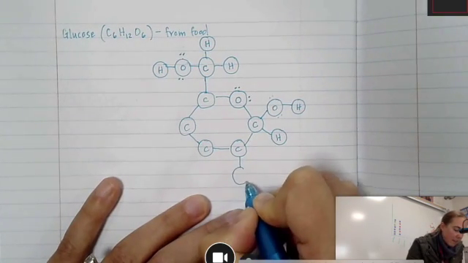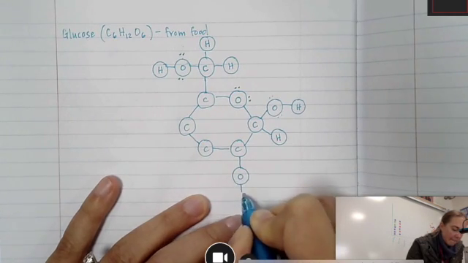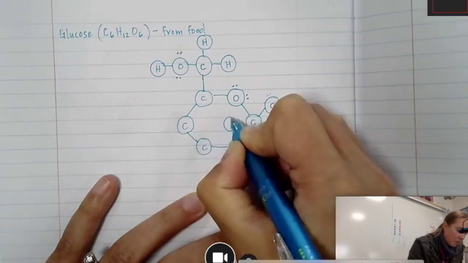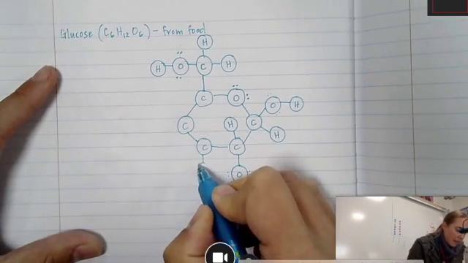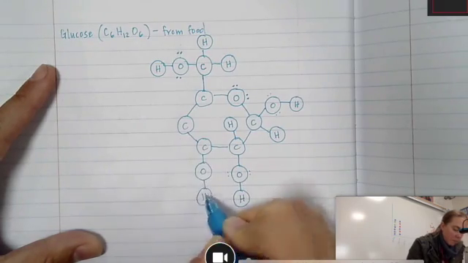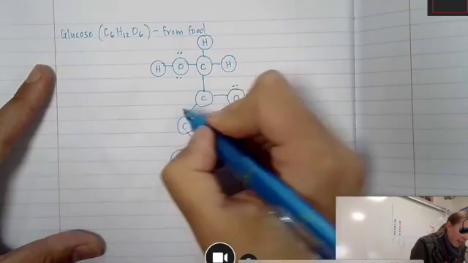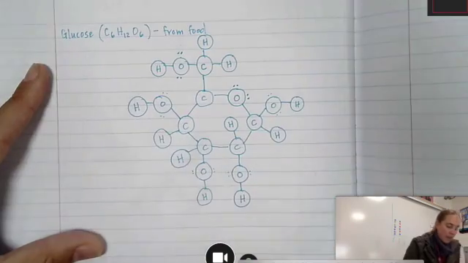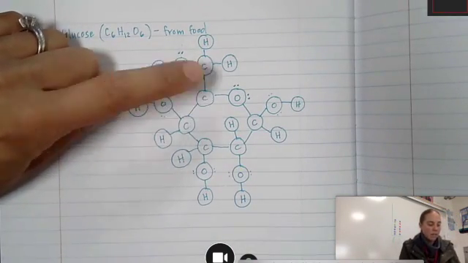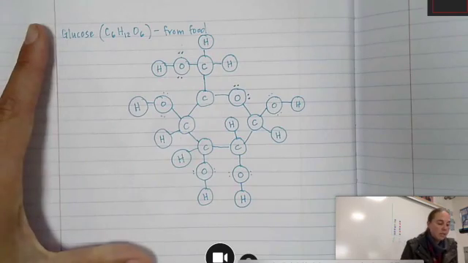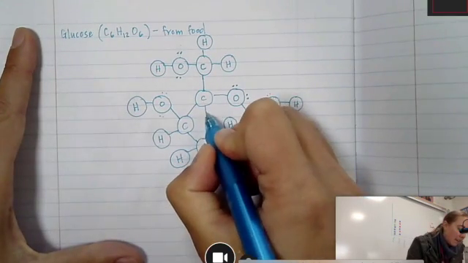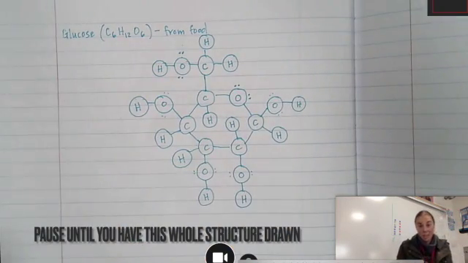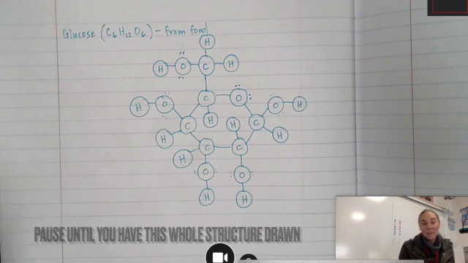So I'm going to have an OH and an H, and OH, and that brings me back to this carbon right here, which has 1, 2, 3 bonds right now. So it needs 1 more, and it's just going to have a hydrogen. Now, hopefully, this crazy thing has all the right amount of stuff.